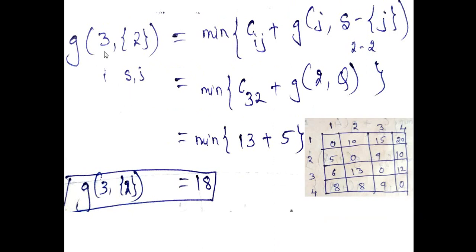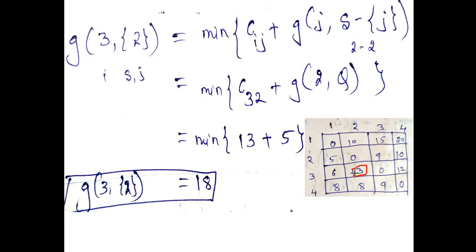Next node is what? g(3, 4) and g(3, 2). First we have to calculate g(3, 2). c(i,j), apply the same formula. So substitute the values 3, 2, g(2, 5). 2 minus 2 is nothing, so you have to write 5.